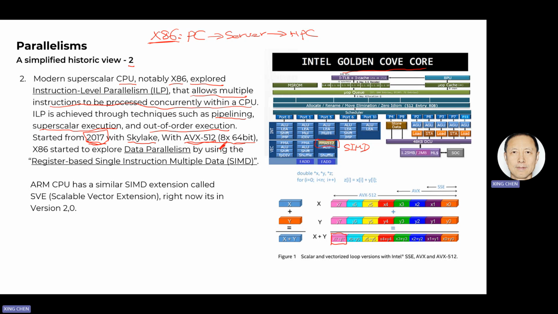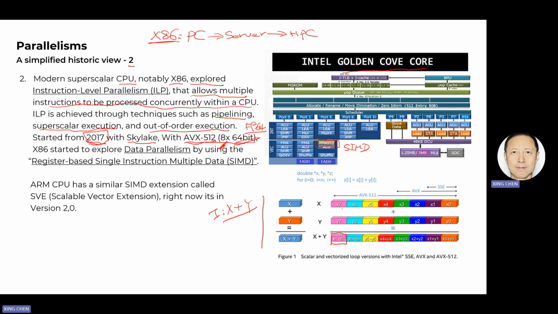So you have one instruction. You give the unit an instruction to do the sum of x plus y. You have only one instruction, and you have 2 vectors. Each has 8 elements, and each element is 64 bits, a 64-bit floating point.